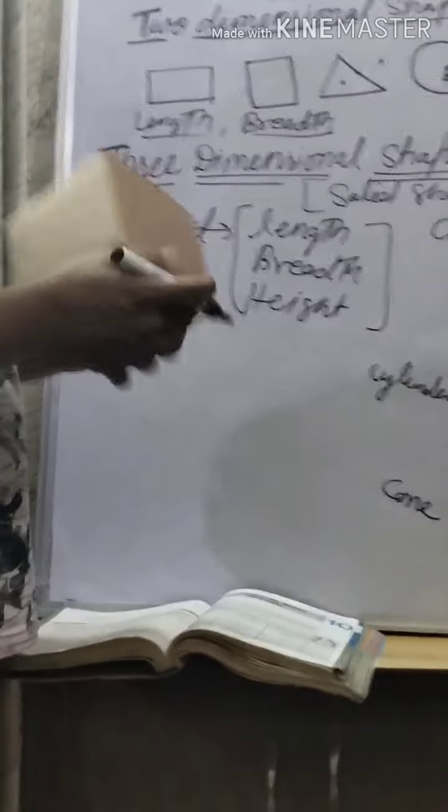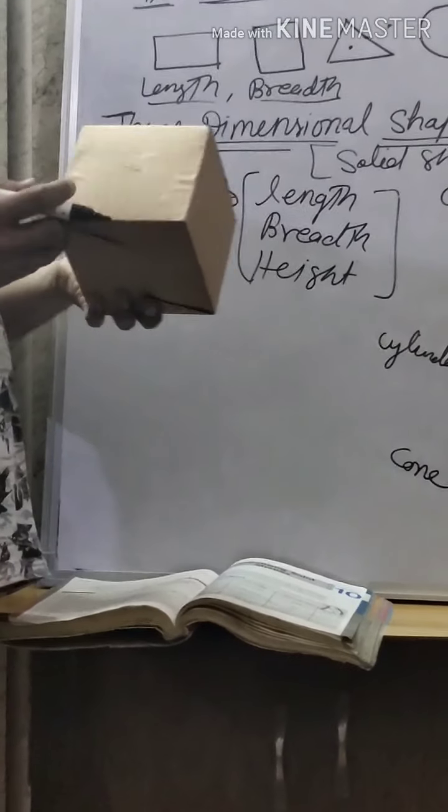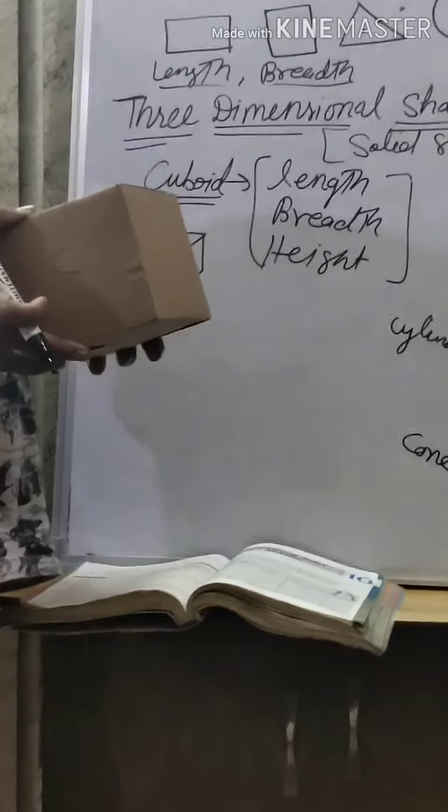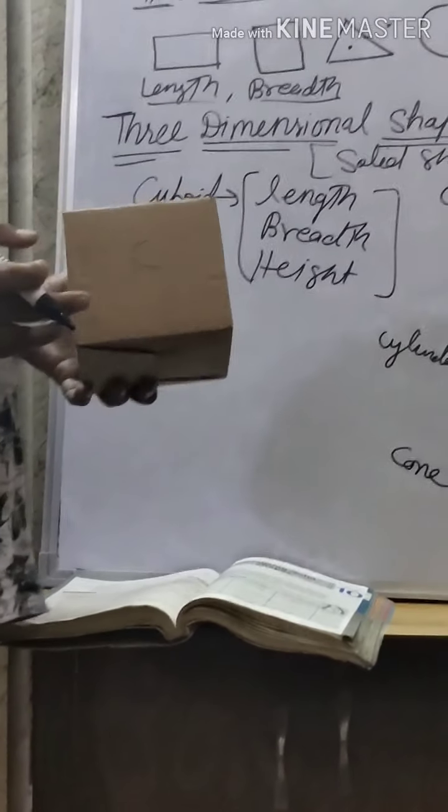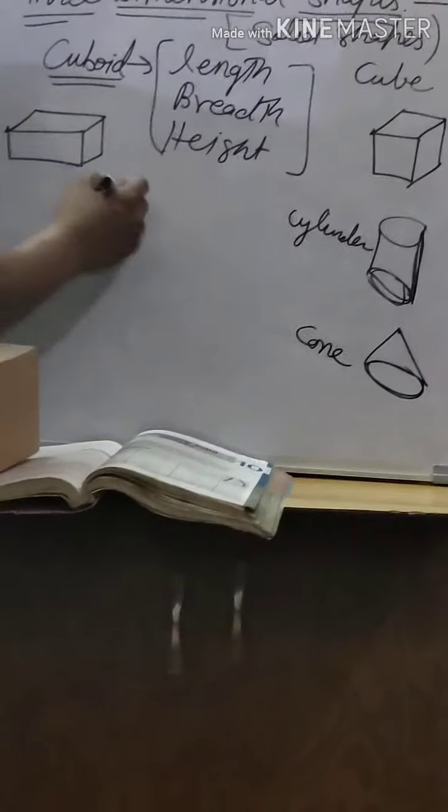For example, if I take this cuboid, here length, breadth and height are there. So in this cuboid, what will you see?